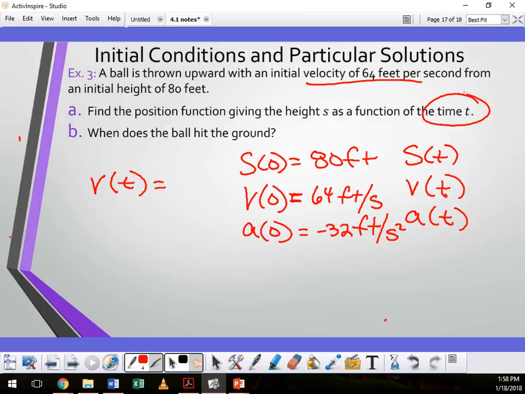And then at this point I have the initial velocity, so it's going to give me plus C. So the integration gives me negative 32t plus 64.